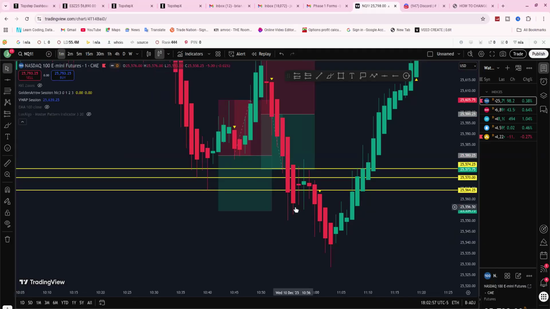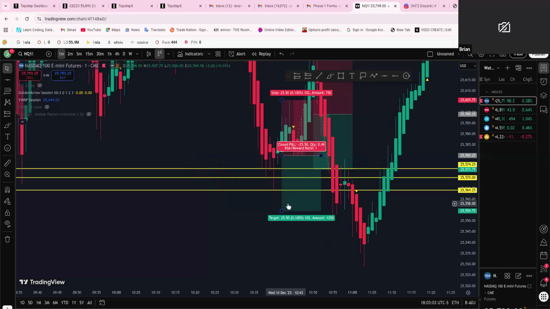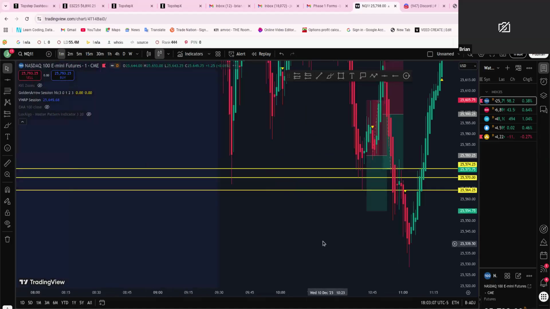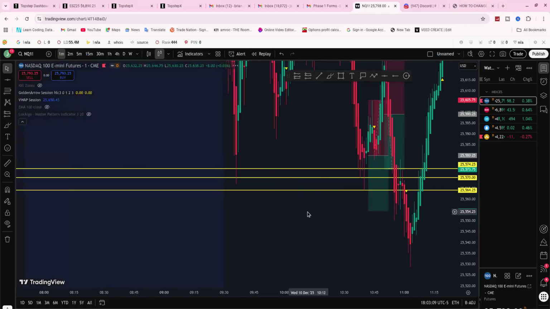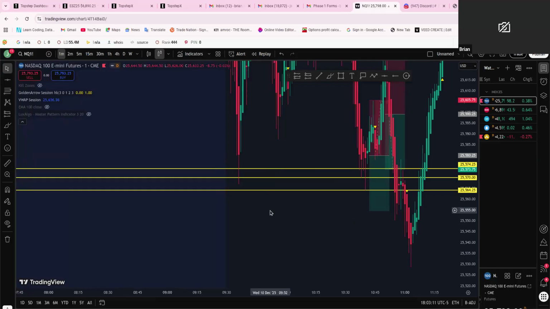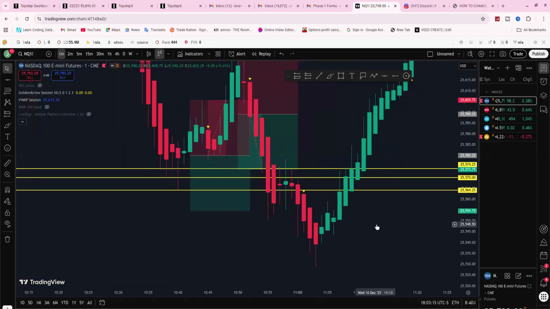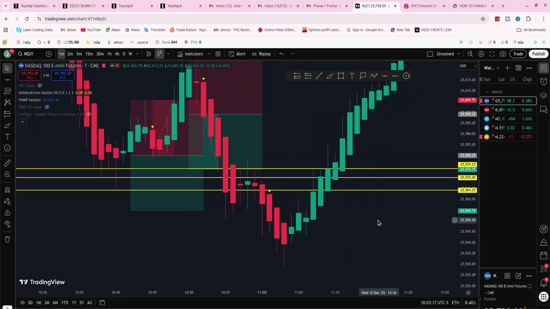The other one. Keep going to the left. That one, what do I plot in there? You gotta look to the left and see if there is a zone somewhere. That's right. So if you don't see it to the left, don't plot it. Okay, that's another important key I gotta remember.